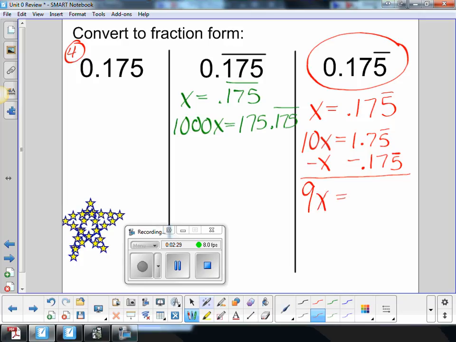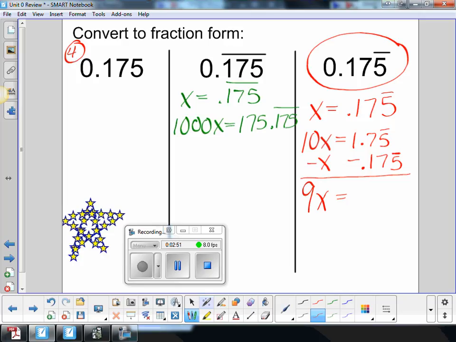Now here's where these problems are a little trickier when it's only 1 digit repeating. 1.75 with the 5 repeating, we could continue to write 5s for a really long time, right? In fact, you could write 5s forever. That's what it means. Down here, it's 0.1755555.